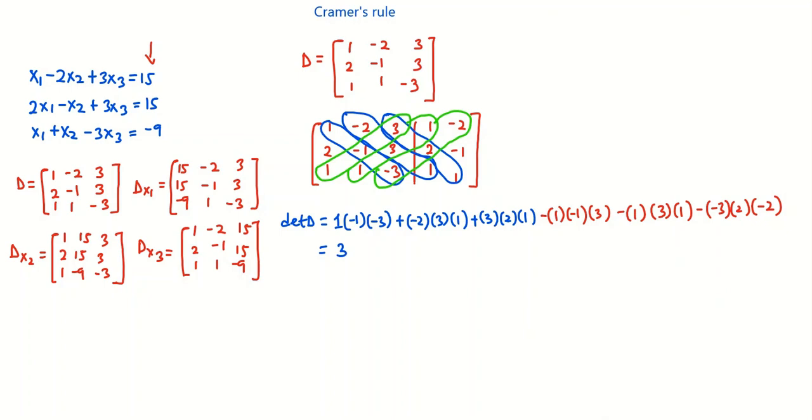We have minus 1 multiplying minus 1 multiplying 3, then minus 1 multiplying 3 multiplying 1, then minus 3 multiplying 2 multiplying minus 2. This gives us a value of minus 12. So you're going to have 3 minus 12, which gives us minus 9. That means the determinant of the matrix D is minus 9.